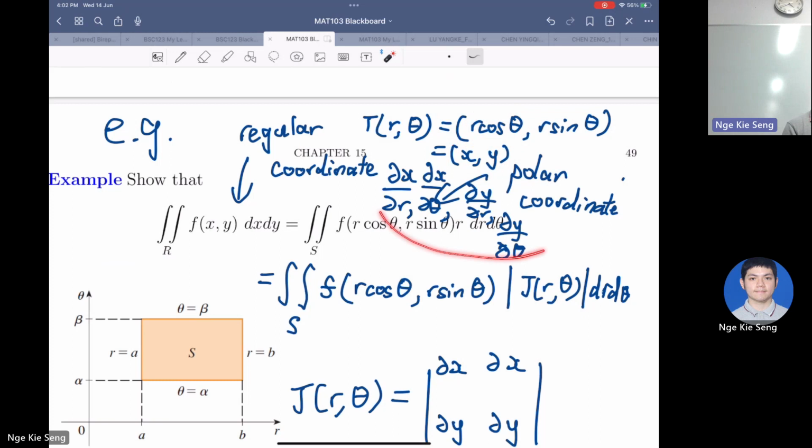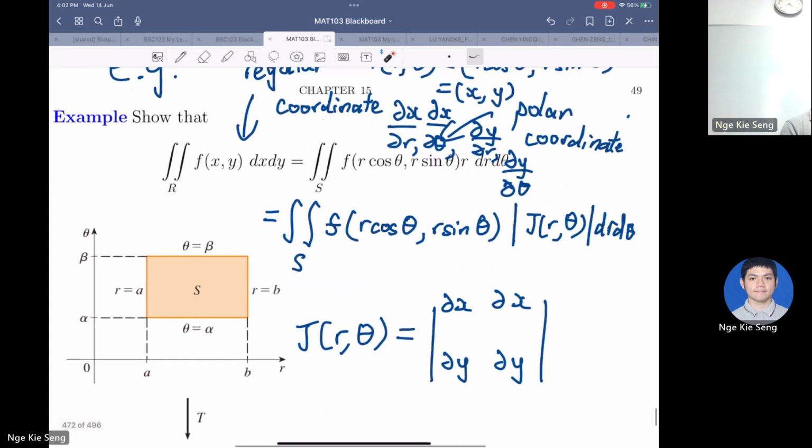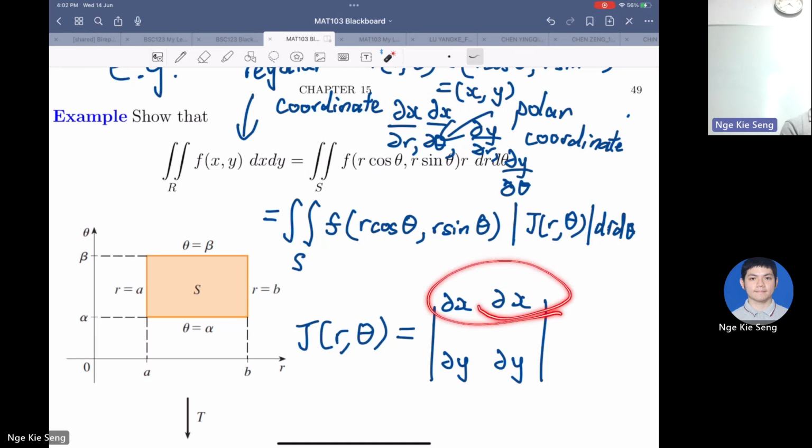So how do you arrange this? All the del x go on the same row, and the things that you differentiate with respect to are arranged in the same column. For example, del x del r, del x del theta, and then for the bottom row, you put del y del r and del y del theta.